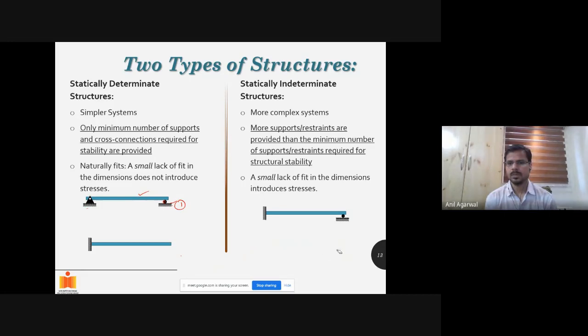So this system could be, I have two very stiff columns, and I have a beam that is supposed to connect these two columns at this level. Now, the columns have these angles projecting out, which have holes, and this column also has an angle projecting out, which has holes.